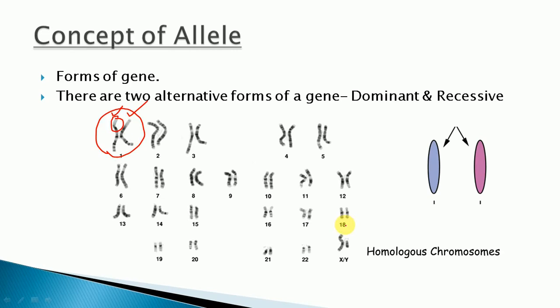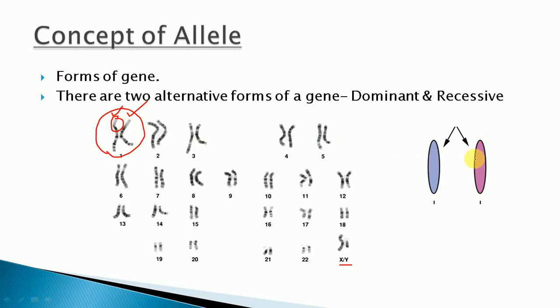Why do we call them homologous chromosomes? Because in each pair the chromosomes are of the same shape and size. But the last pair, the 23rd pair, consists of different chromosomes. In males it is X and Y, while in females it is X and X.